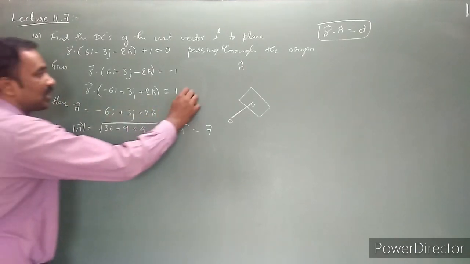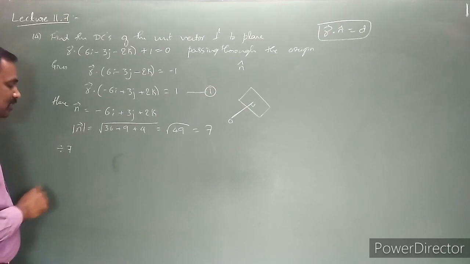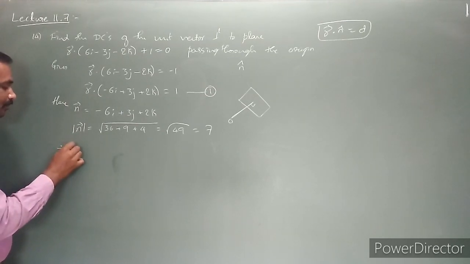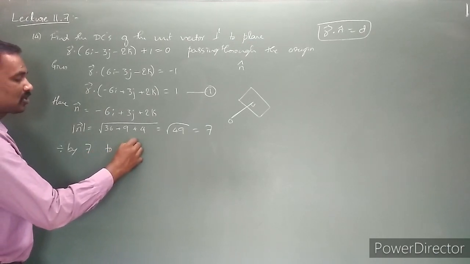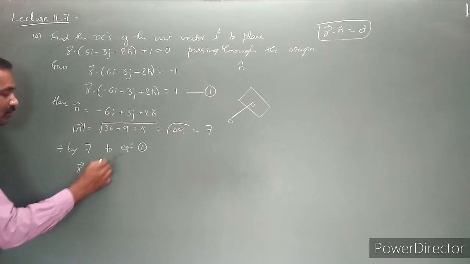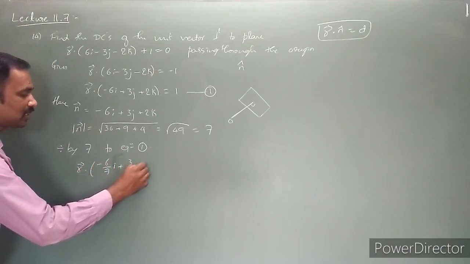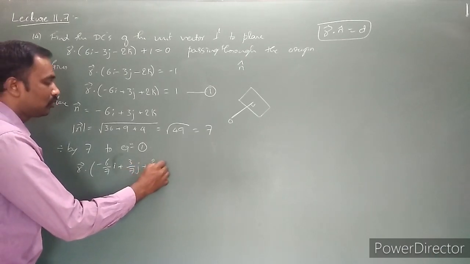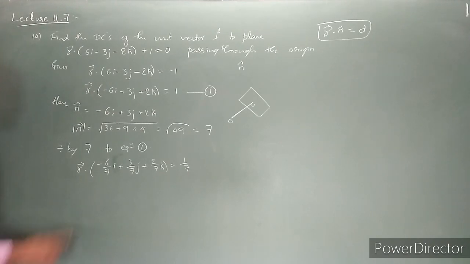So for equation number 1, divide throughout by 7. What we get? R bar dot (minus 6 by 7 i plus 3 by 7 j plus 2 by 7 k) is equal to 1 by 7.